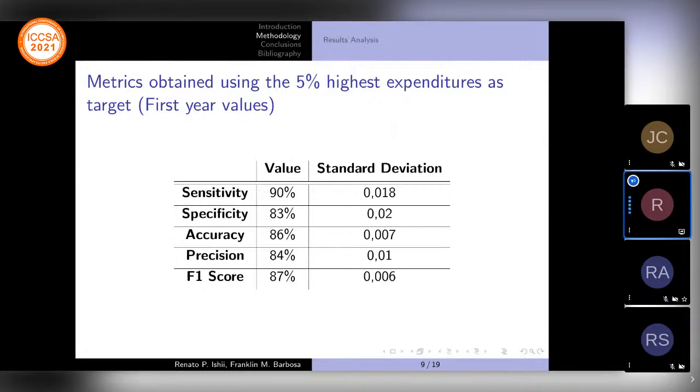For the same year prediction, the metrics for the best performing model are detailed in this table, and we consider sensitivity, specificity, accuracy, precision, F-score, and the standard deviation.